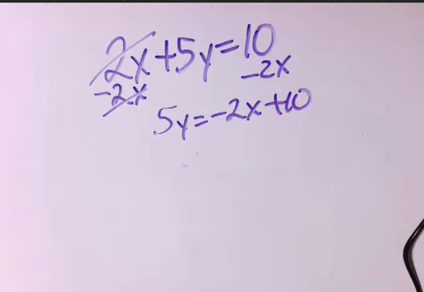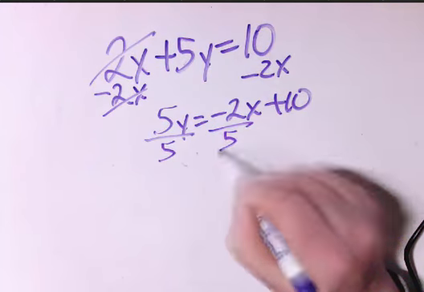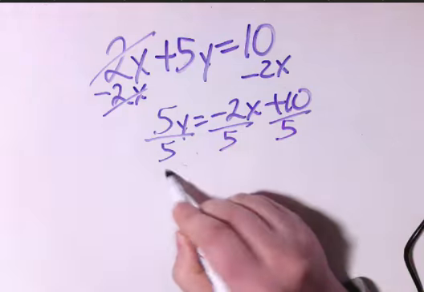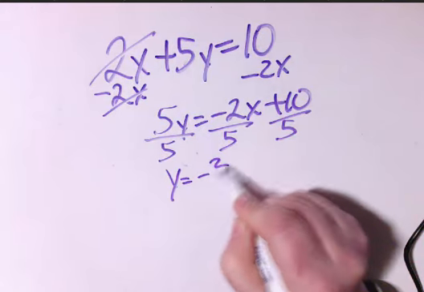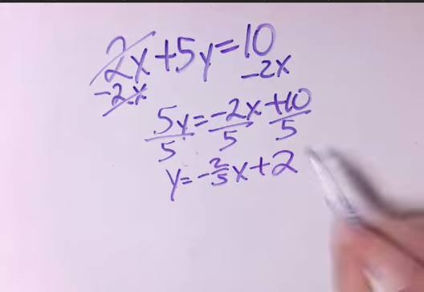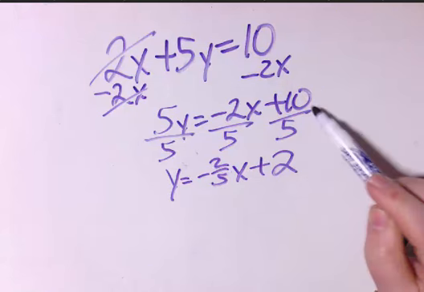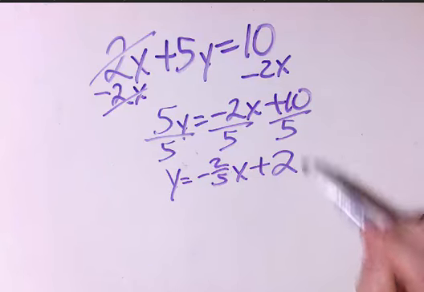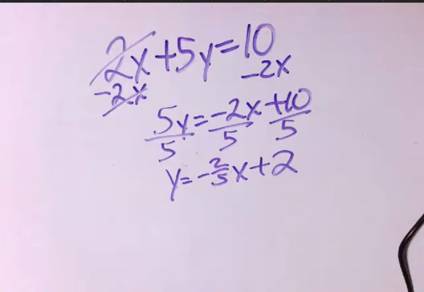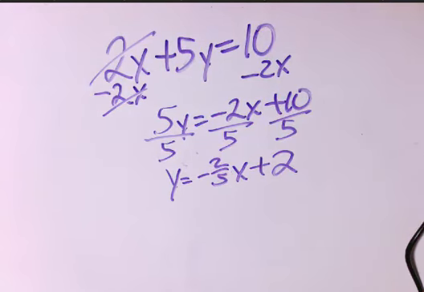So first thing we do, we move that 2x over, and then we have to divide each side by 5. So we keep this as the fraction of negative 2/5, but 10 over 5 gives us a positive 2. So this is our slope. This is our y-intercept.